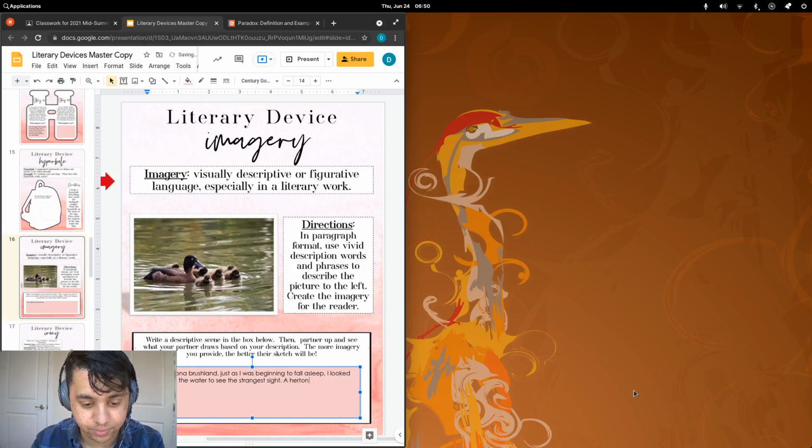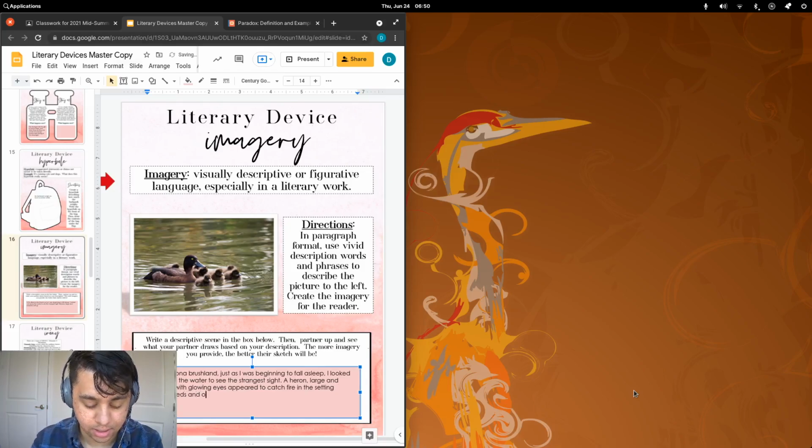A heron, large and beautiful, with glowing eyes, appeared to catch fire in the setting sunlight.